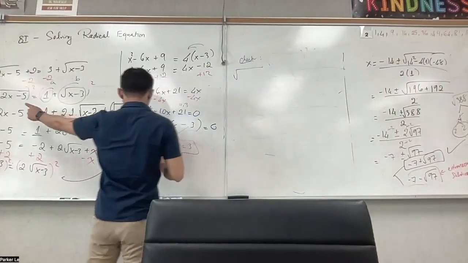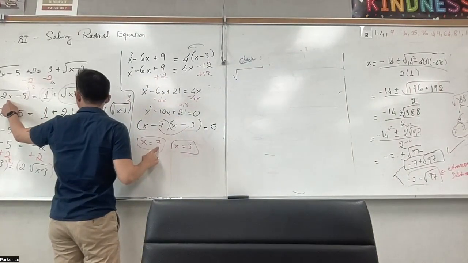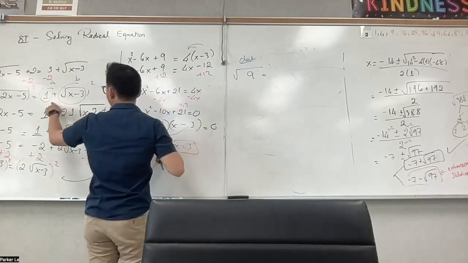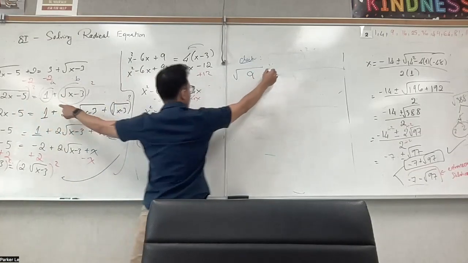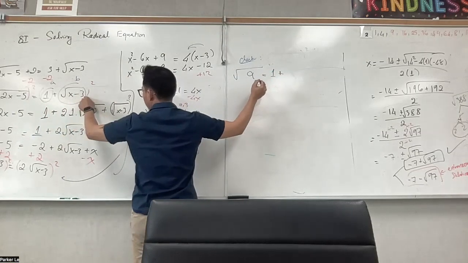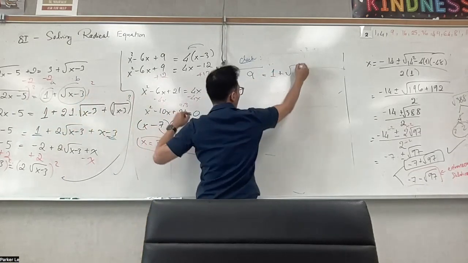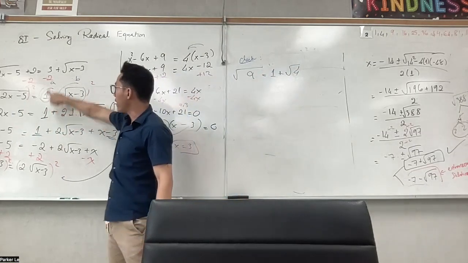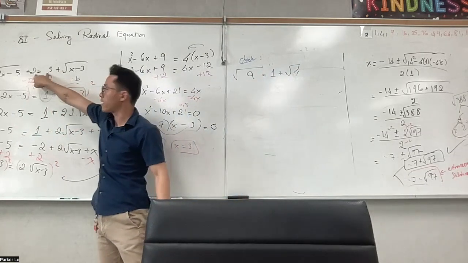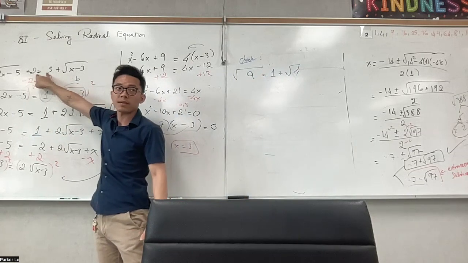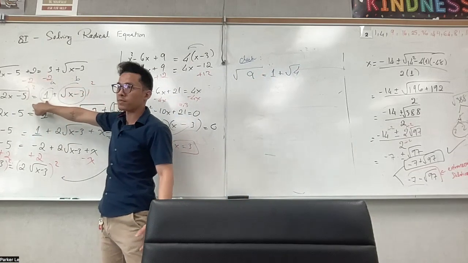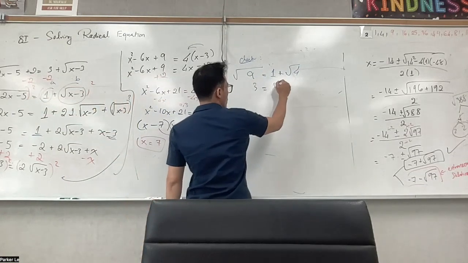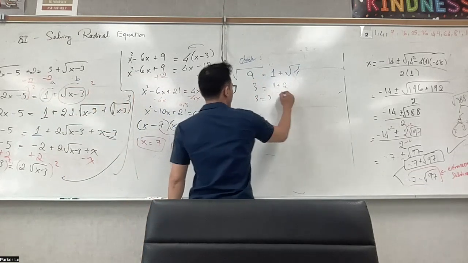I'm going to do one shot. 7 times 2 is 14, 14 minus 5 is 9. On the right side I have 1 plus the square root of 7 minus 3, which is 4, so the square root of 4 is 2. I plug it in here, not here, because this one is not clean. This one we cleaned up, so it's better to plug it in here. 3 equals 1 plus 2, so 3 equals 3, it's good.